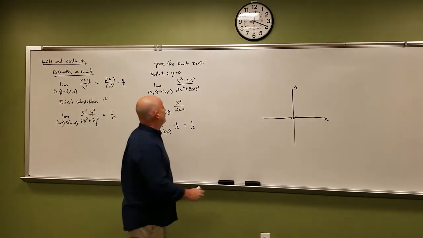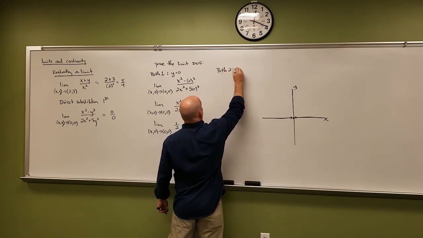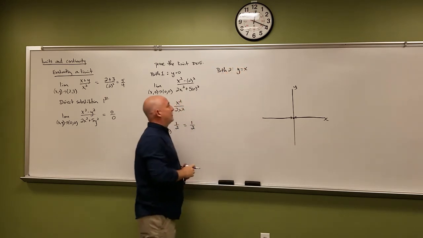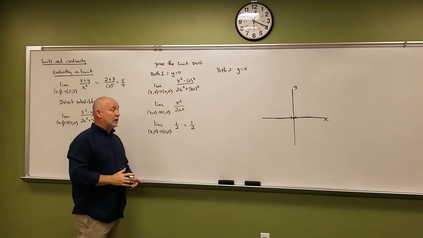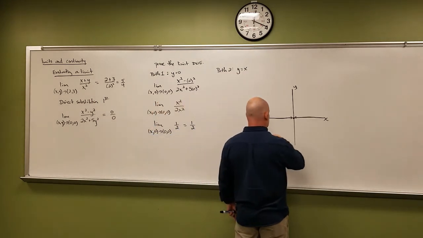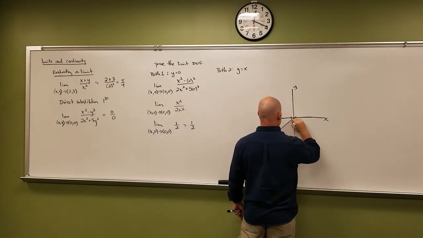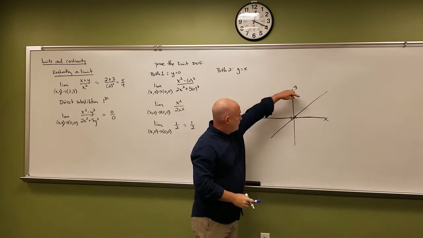Let's try a different path. Again, a very common path is something like this, y equals x. Now, got to be careful, the path you pick has to go through that point. So the line y equals x is this line right here, the diagonal line. So in this case, we're approaching it from either side.